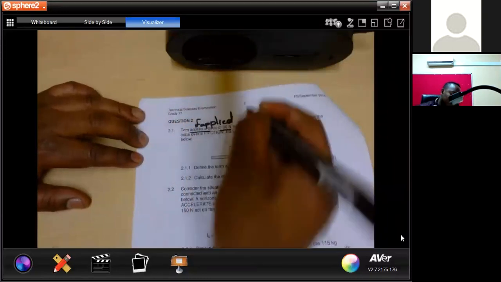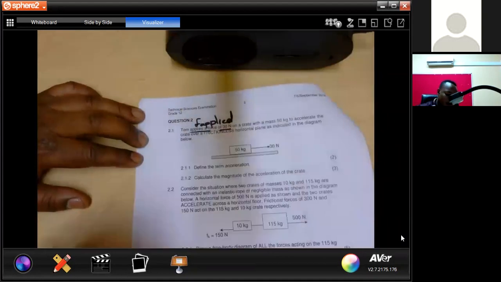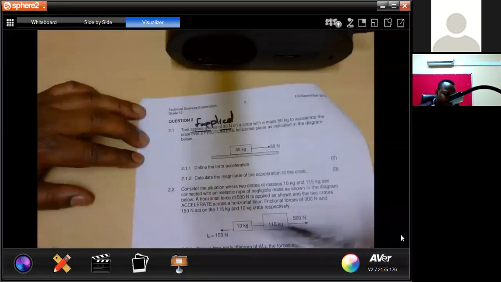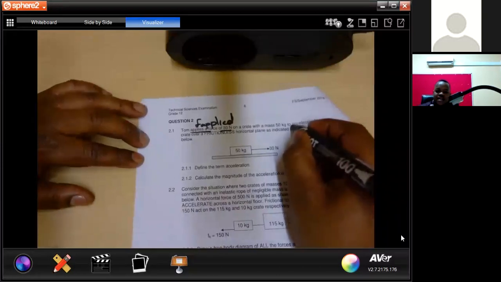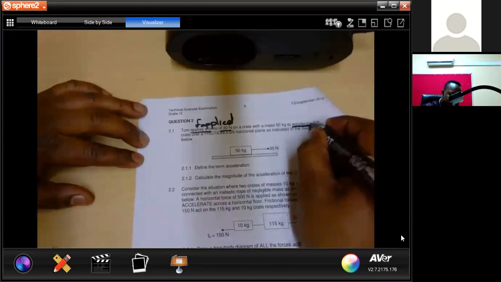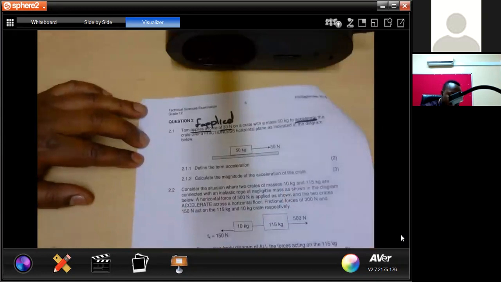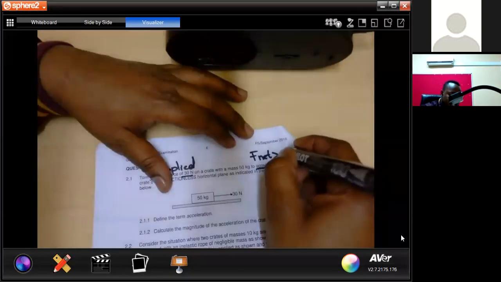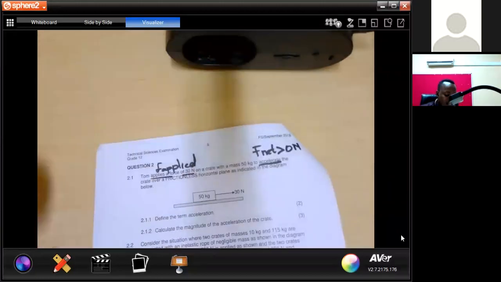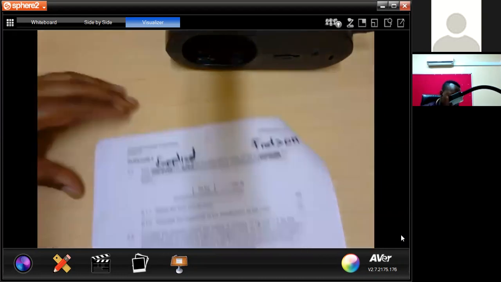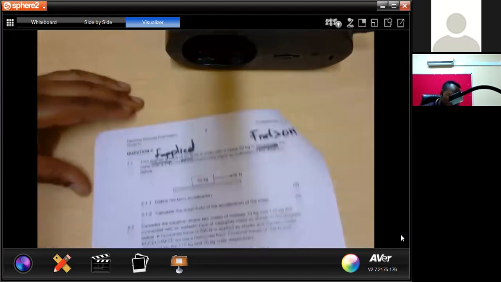And then on a crate with a mass of 50 kilograms, and they tell us that it accelerates. Now, if it accelerates, then we know that the net force is greater than 0 newtons. So there is a net force, because an object cannot accelerate without a net force.